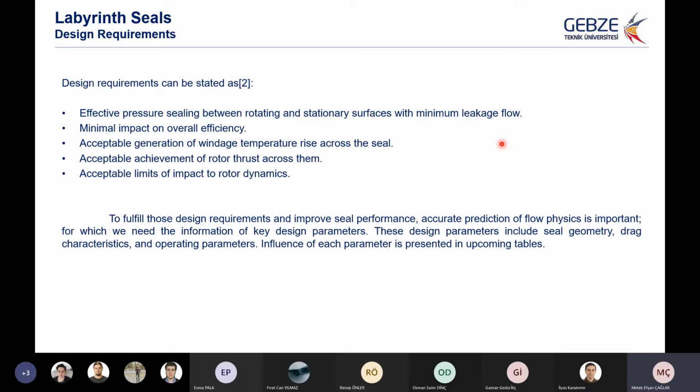To fulfill those design requirements and improve the seal performance, we have to accurately predict the flow physics, for which we need information on key design parameters.